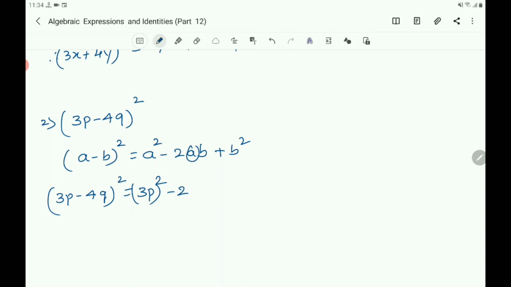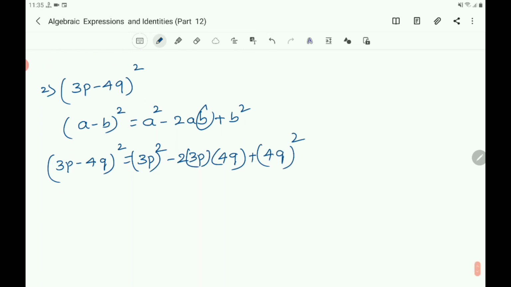A means the first term 3p and b means the second term 4q plus b square means square of the second term, that is 4q whole square.